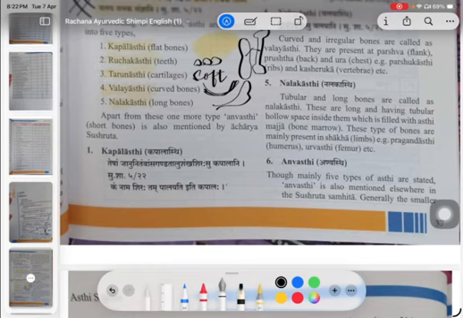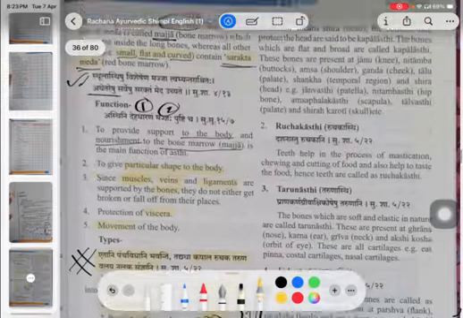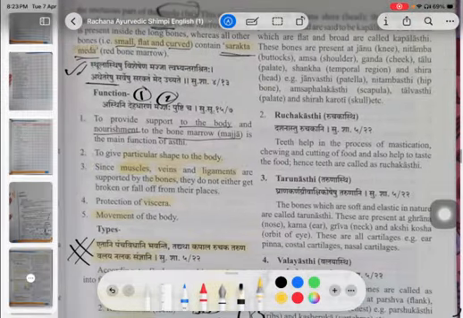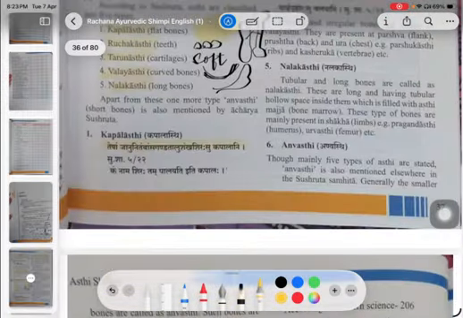Kapalasthi. Tesham Janu Nitamb Ans Gand Talu Shankha Shirahsu Kapalani also needs to be learned. It is from Sushrut Sharir, chapter 5. Then we have Ruchakasthi. You can also read the examples from here. This shloka is important.